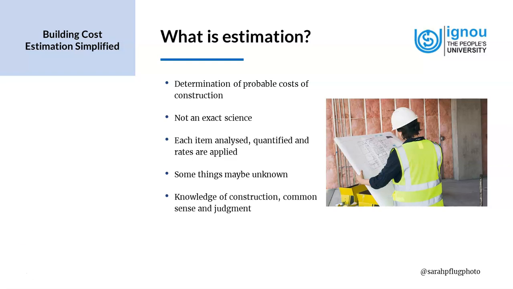Knowledge of construction, common sense, and judgment are also very crucial in estimation. Experience of previous projects can be very helpful. Sometimes we may be able to get an idea of the estimate of a particular project, especially when we compare it to projects of similar sizes which we have done in the past.